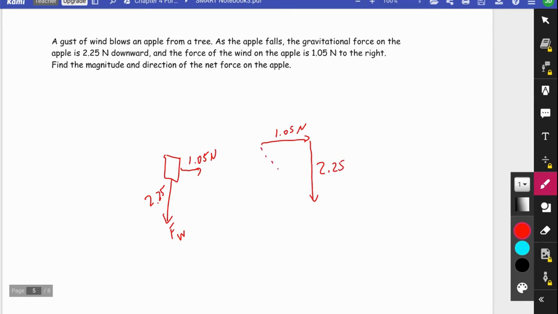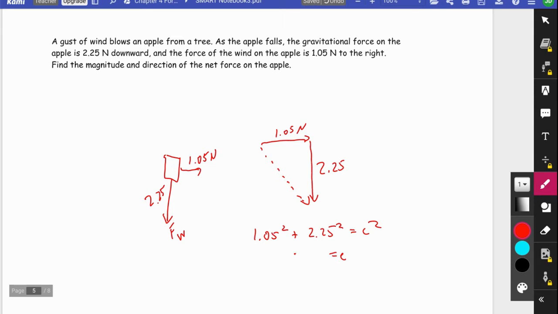We want to find that hypotenuse. We want to find the magnitude and direction, since forces are vectors, to find the overall net force acting upon the apple. So let's find the magnitude first. A squared plus b squared equals c squared. We're looking for c. C is going to be the hypotenuse, so 1.05 squared plus 2.25 squared, and then the square root of that.